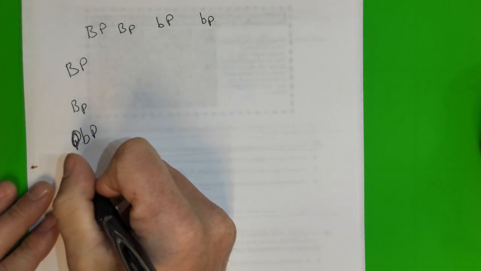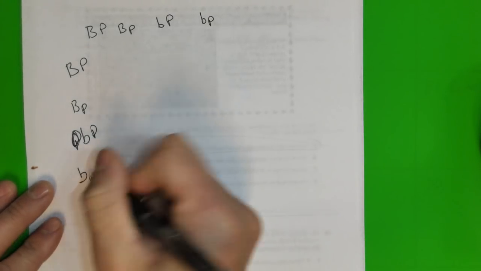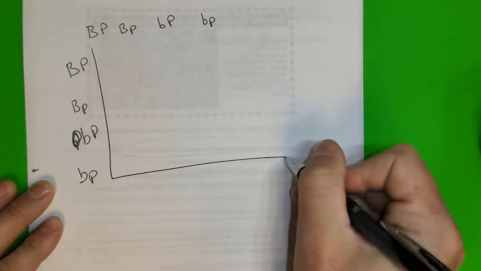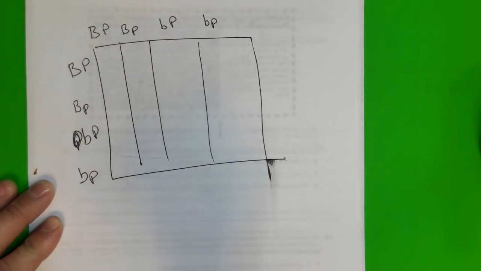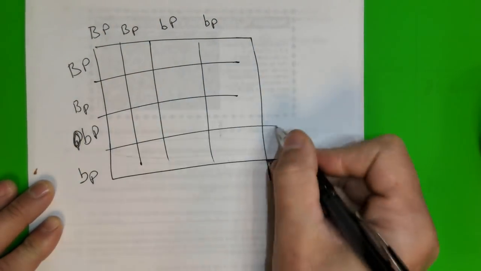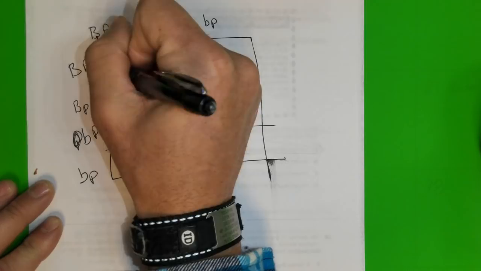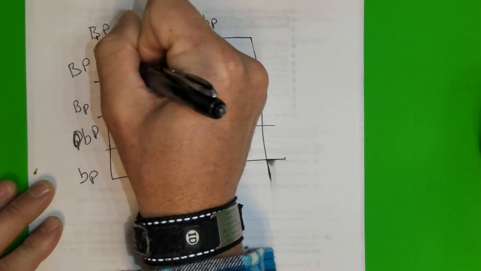And then we're going to have, so then if we want to make our boxes, we can make our boxes. We don't have to. So then we're going to bring these down, and we're going to group the letters together because it's going to be easier.